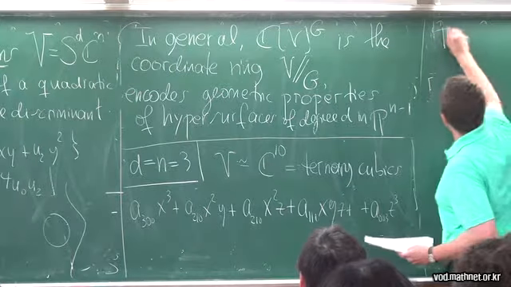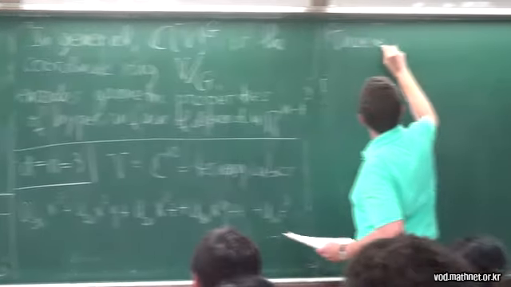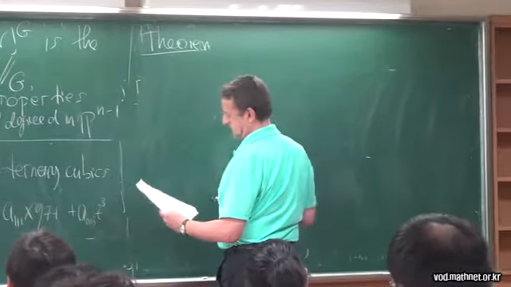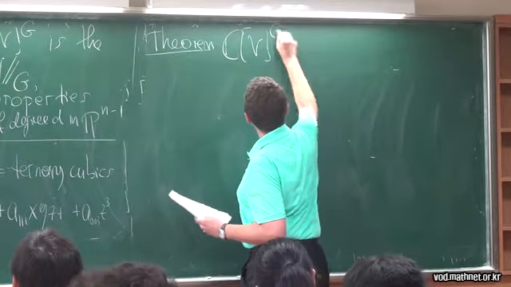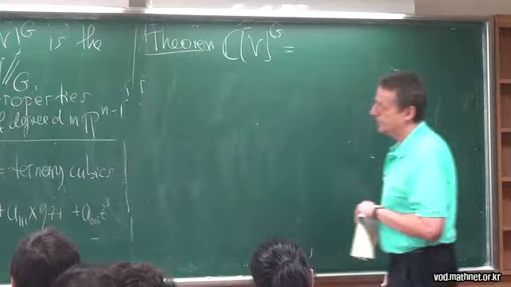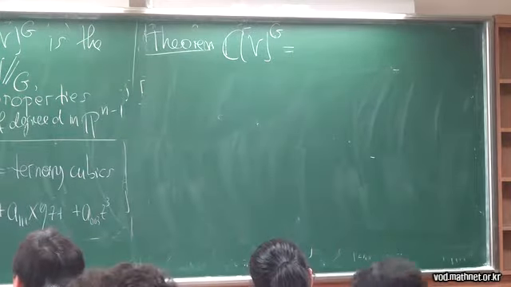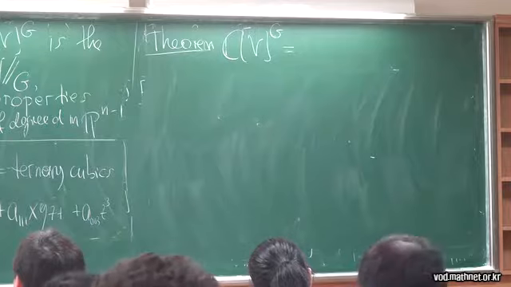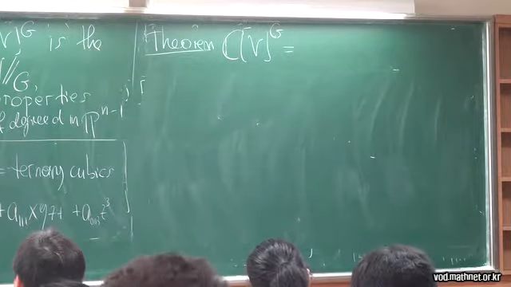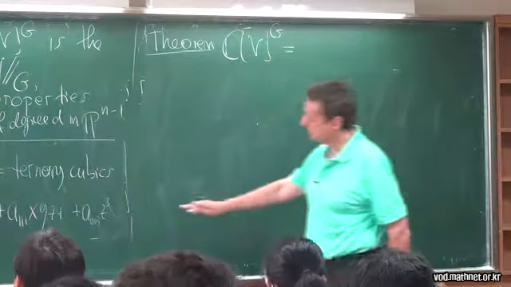Here's a theorem. The ring of invariants, C[V]^G, is the ring of all polynomial functions in 10 variables, A300 and so on. The unknowns are the A's.